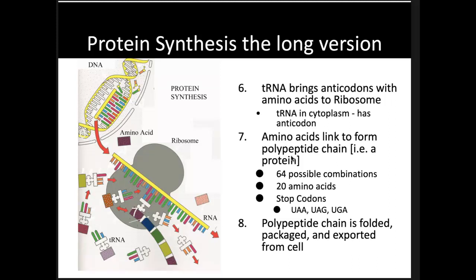So why do we care about protein synthesis? Well, we've already seen the example of sickle cell, and we can see that protein synthesis is a place where transcription errors or translation errors can occur. And anytime there is room for mutation, this could be something good or it could be something bad.